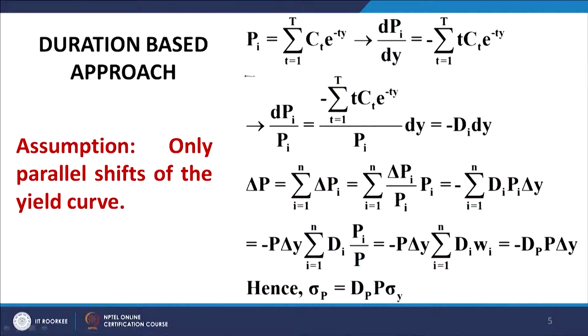So, if that YTM is expressed as a continuously compounded rate, we get this expression for P, where the coupons are paid at intervals t equal to 1, t equal to 2, t equal to 3, and the final coupon at t equal to capital T, which represents the maturity. Please note, the final cash payment at t equal to capital T would also include the principal.